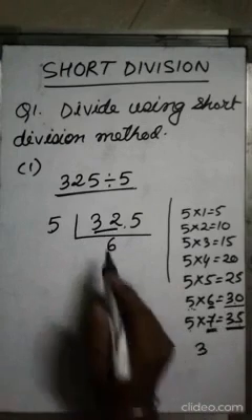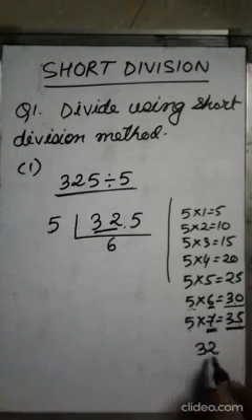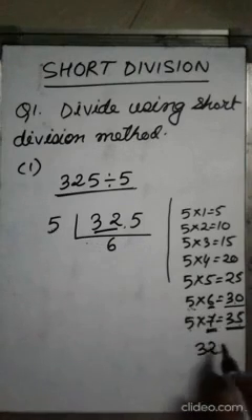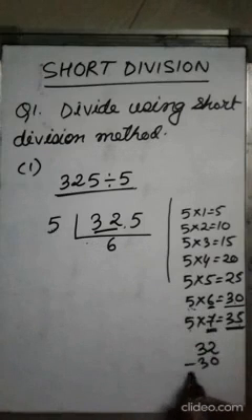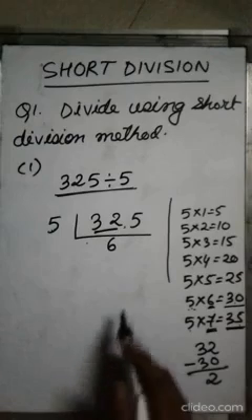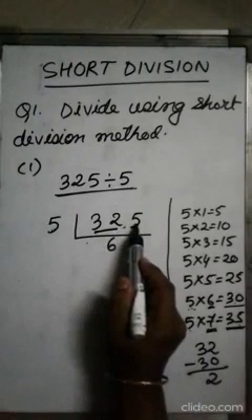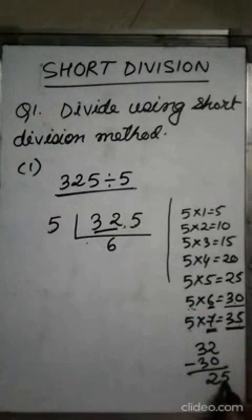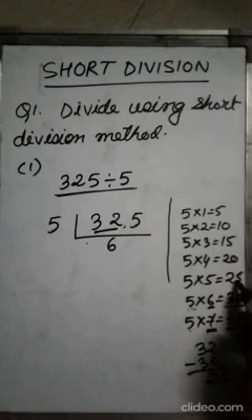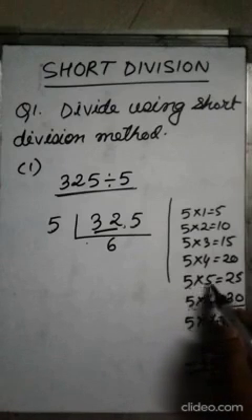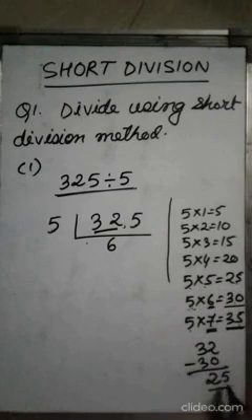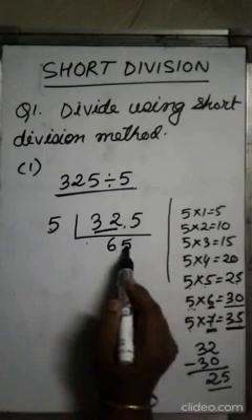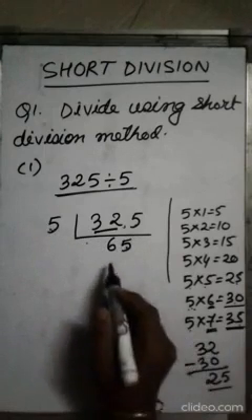5 into 6 is 30. So from 32 we subtract 30, and it is 2. The next number after 32 is 5, I shall write 5 here. You can see 5 into 5 is 25.